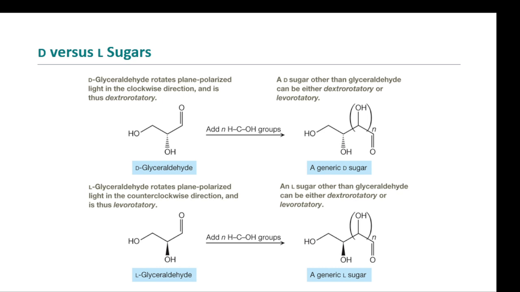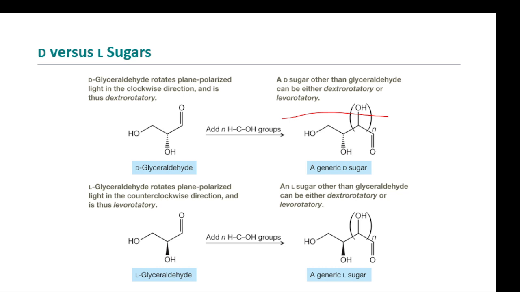So D-glyceraldehyde is going to rotate the plane polarized light in the clockwise direction. This is referred to as dextrorotary. That's where the D comes from. The D sugars other than glyceraldehyde could be anything. All it means for the other sugars is that the last OH is on the right side, which matches up with glyceraldehyde.